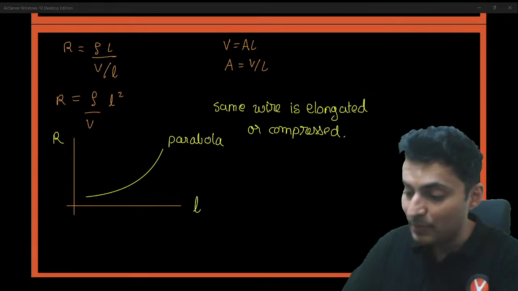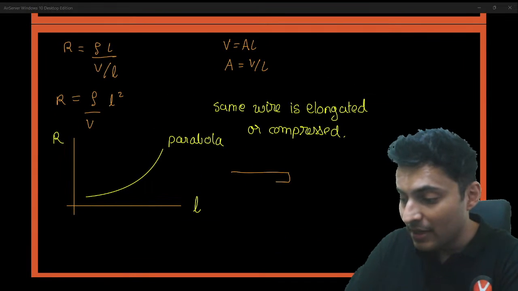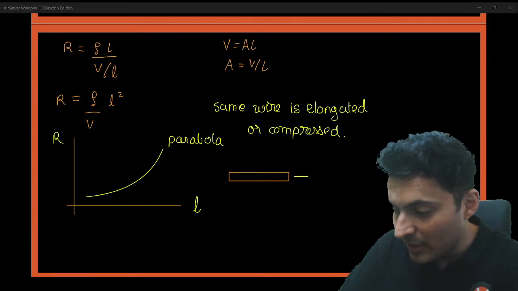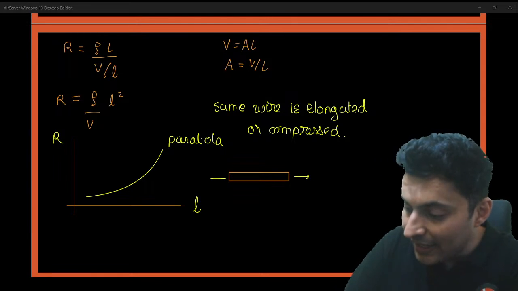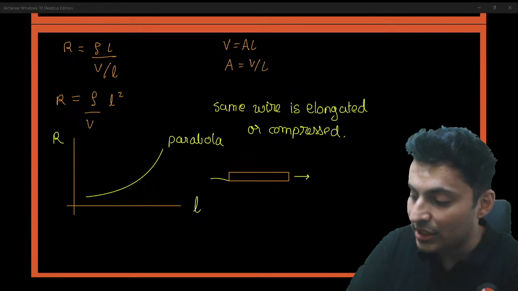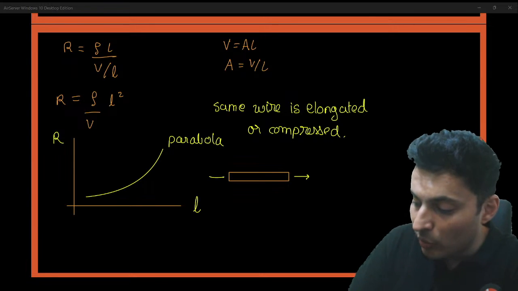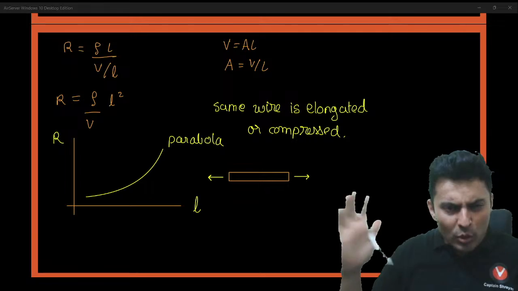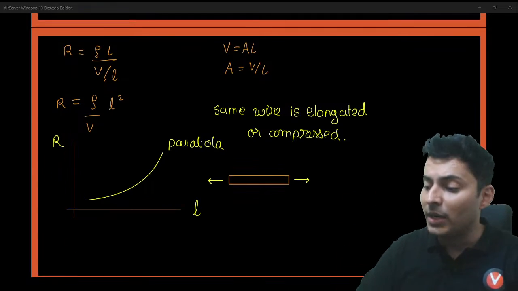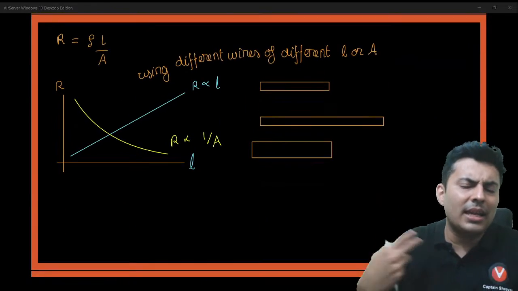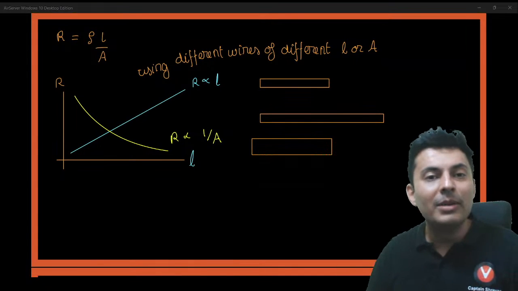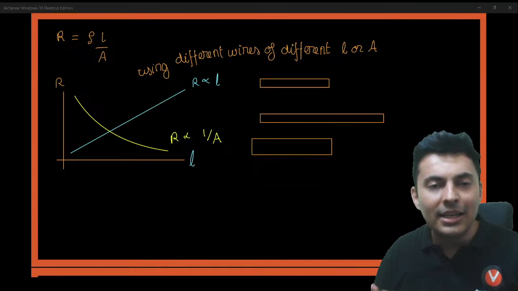But in this particular scenario, if it is given that the same wire is being pulled, then the area will automatically change to conserve the total volume. If you elongate it, area will decrease. If you compress it, area will increase. But in the previous one, it's my choice. I can melt copper or iron or steel or aluminum into whatever length and area I want.